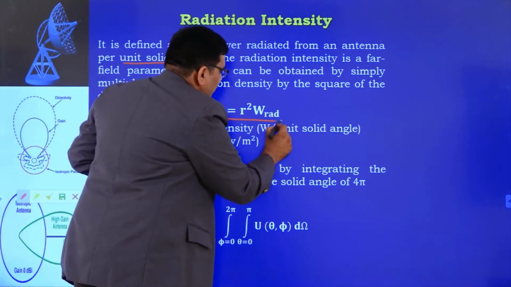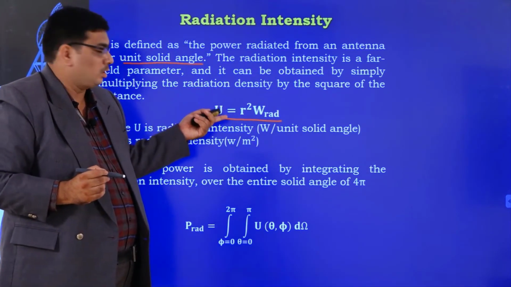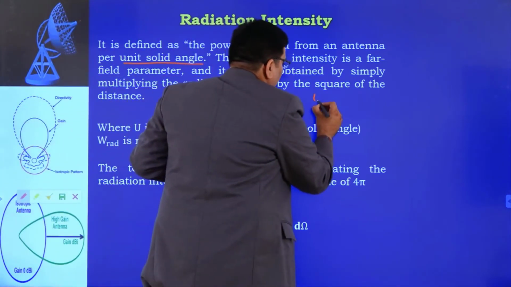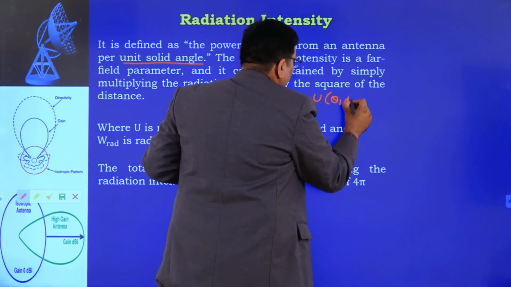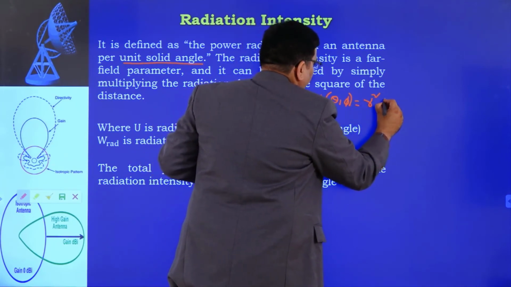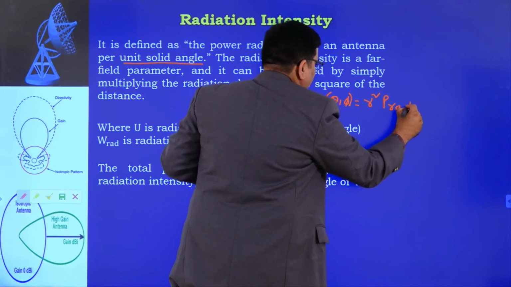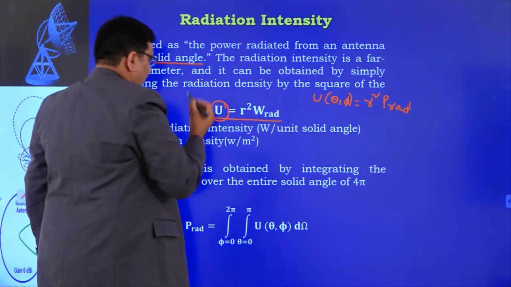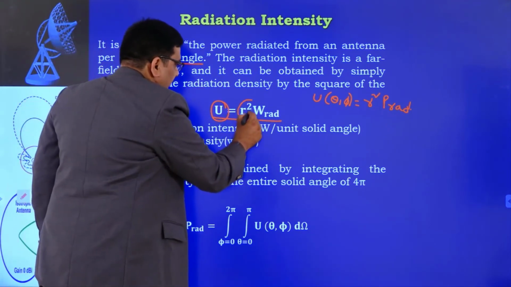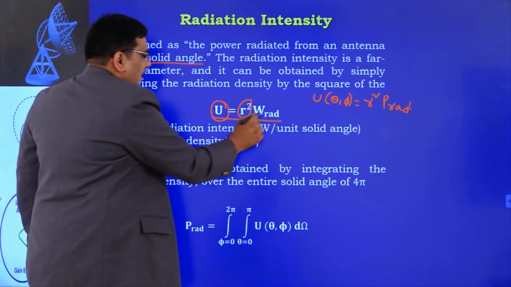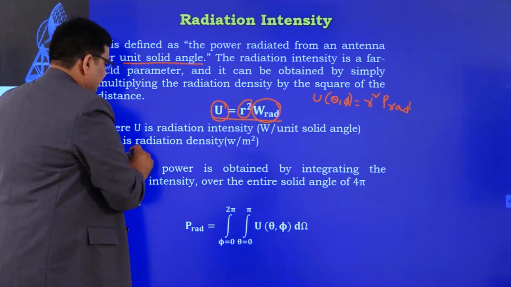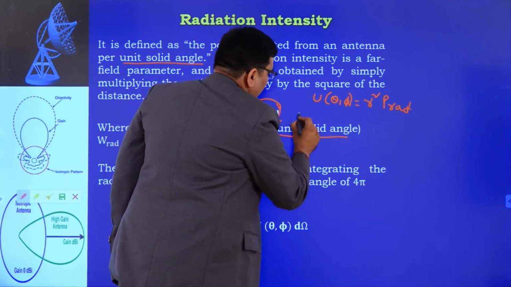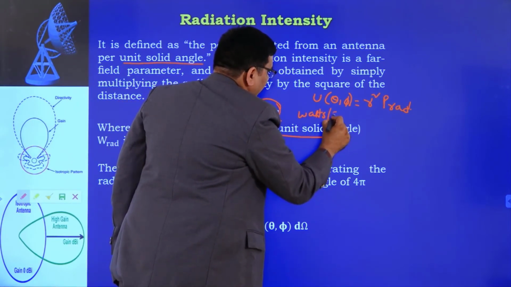So here we write U is equal to r square into W rad, that means radiated power density, or we can write it like this also, U of theta comma phi is equal to r square into power radiated. Where U of theta is the radiation intensity, r is the distance from the element in the far field, and W rad is the radiation density, in watts per meter square, and U is in watts per steradian.